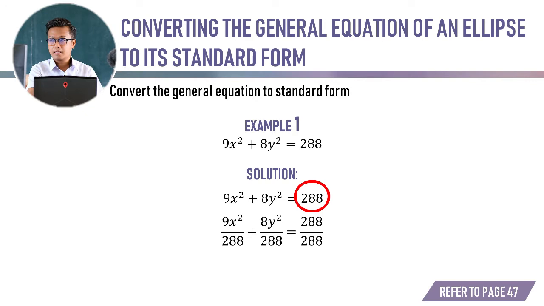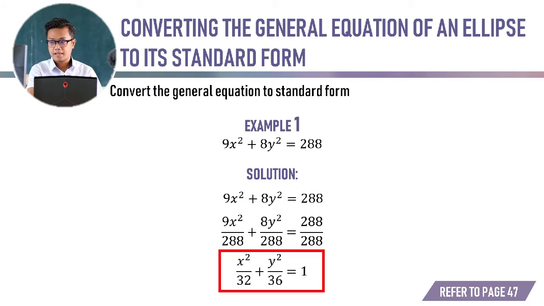Because the standard equation of an ellipse is equated to 1. Okay, and then we should simplify 9x squared over 288 into x squared over 32, and 8y squared divided by 288 into y squared over 36 is equal to 1.